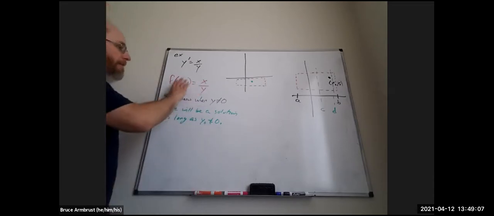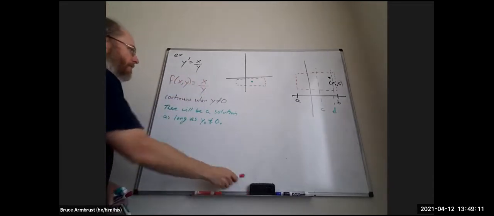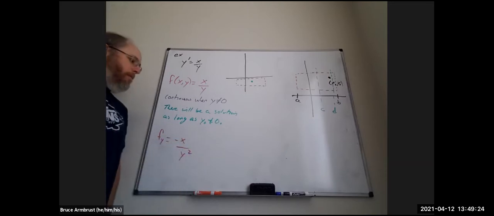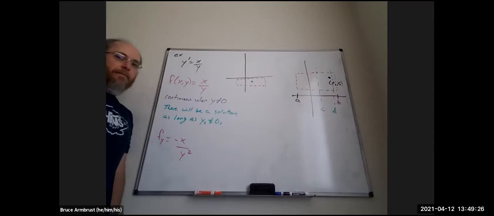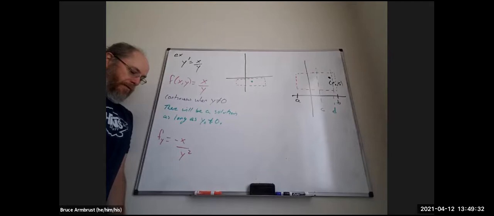All right, so that's what the function itself tells us. So let's look at f sub y. Differentiating this with respect to y gives us minus x over y squared. Same question, what's the continuity of this guy? It's the same thing, right?